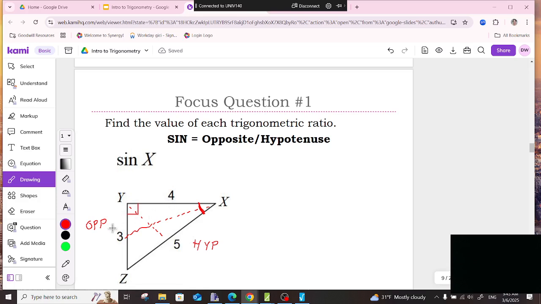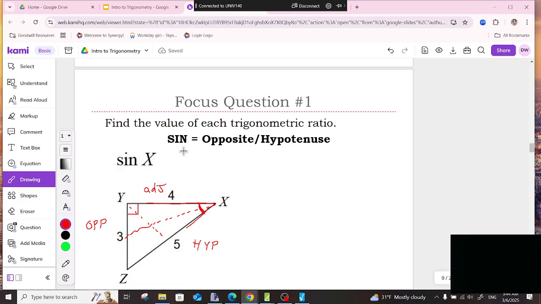So I always label opposite first and hypotenuse second because the leftover one will always be adjacent, right? Adjacent means that it helps make this angle of x, but it is not the hypotenuse.